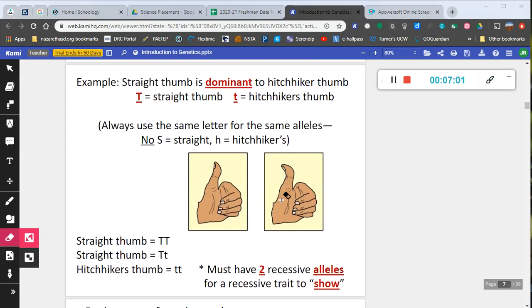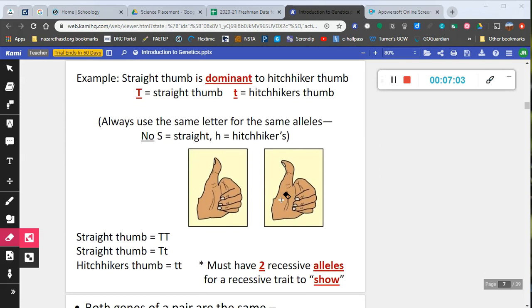So let's take an example here. Hitchhiker's thumb. You guys can check this out to see if you have this or not. You can give yourself a big thumbs up, and you can take a look at your thumb from a profile perspective from the side, and you can see, does it curve backwards? Does it have a curve, a bend to it, or does it stay straight? No matter how hard you try to make that curve happen, it just doesn't.